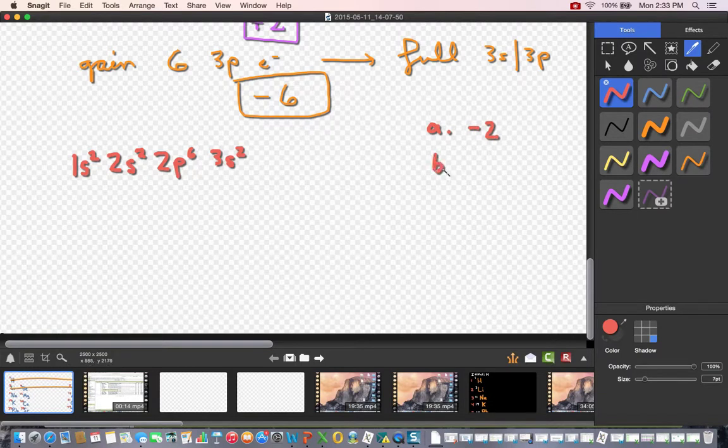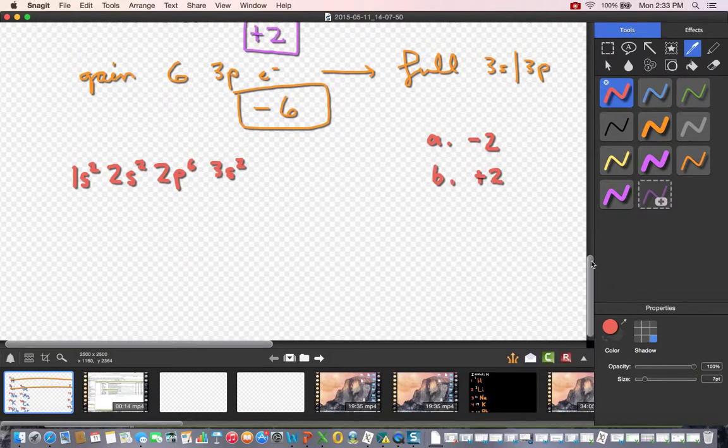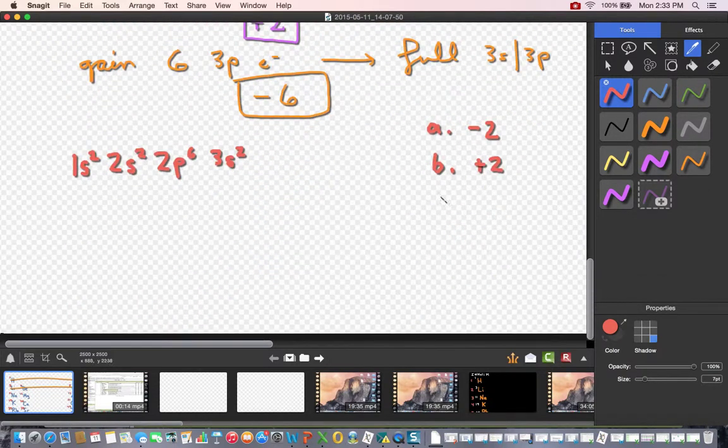Choice B is +2. Choice C is -6. Choice D is +6. Remember, our overriding principle is we must have in the highest energy level a completely filled s and a completely filled p.